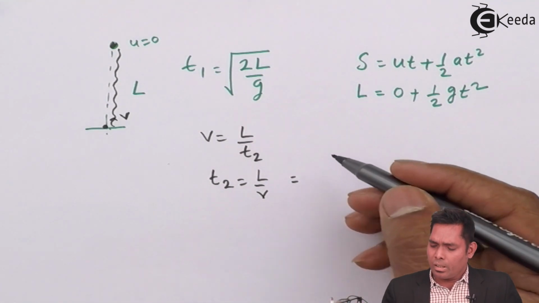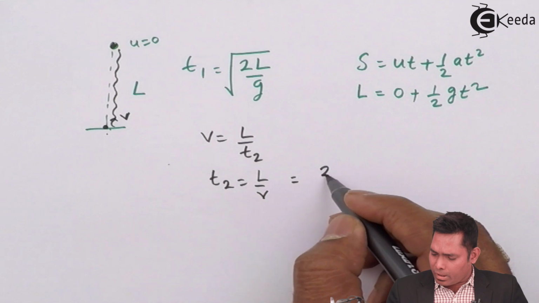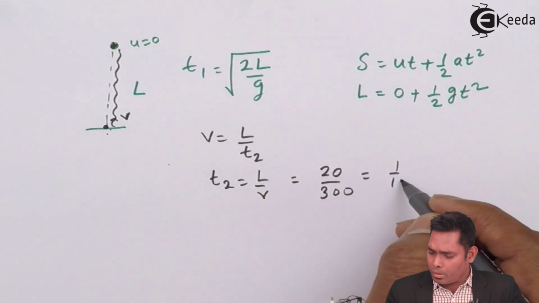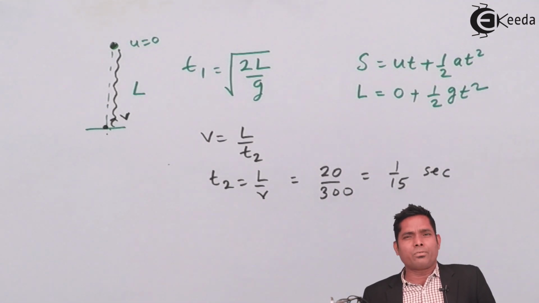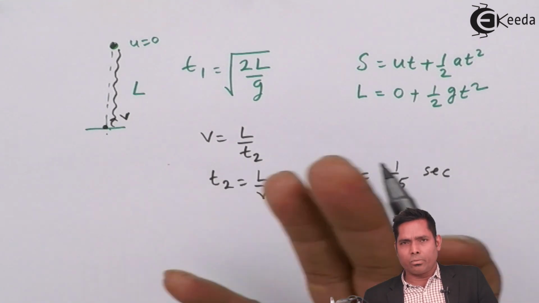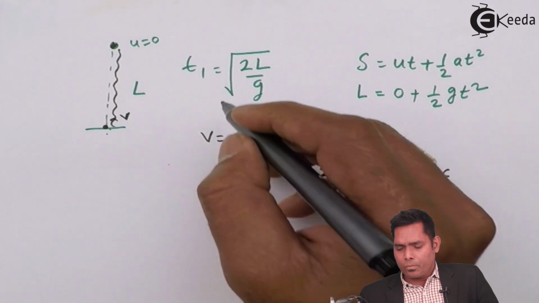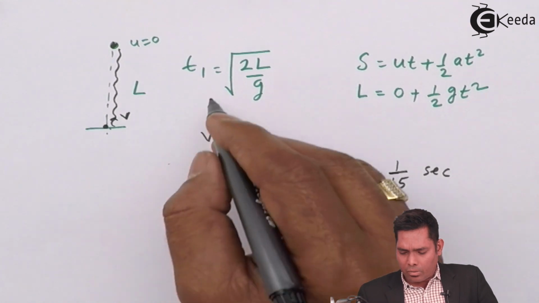With L as 20 meter and v as 300, this comes out to be 1 over 15 second. 1 upon 15 second is very small, which cannot be measured with the instrument we are using, a stopwatch or whatever, so this can be neglected. Now we are going to find out how much 2L over g is.